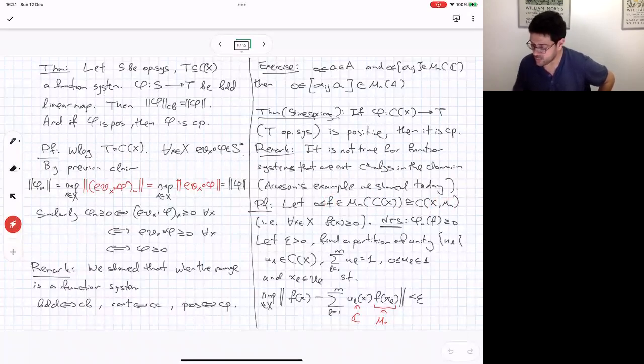The idea was to do the following. I can approximate f by a linear combination of fixed complex matrices times scalar functions. This is by this partition of unity trick.